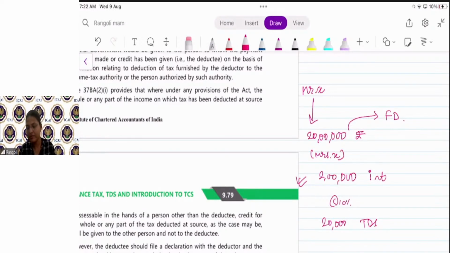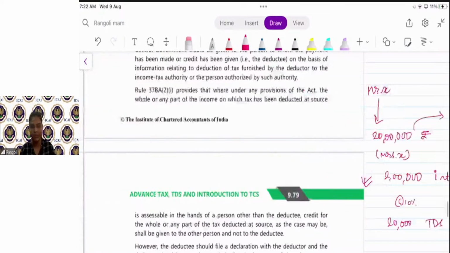This income is not reflected in the return of income of Mrs. X because by provision, by way of clubbing, it is taxable in the hand of Mr. X. But the bank has deducted TDS on account of Mrs. X. So in that case, how will Mr. X get the credit of this 20,000 TDS because income is offered by Mr. X only, right?